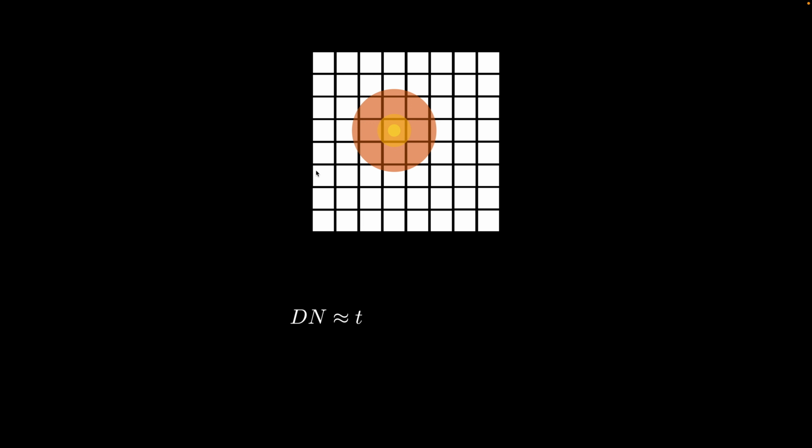Of course, if the pixels are very huge, then 100% of the light is collected into one pixel. But we assume today a resolution of 1 arc second per pixel, so 1 arc second corresponds to 1 pixel. This is a value that is quite realistic for an amateur telescope.